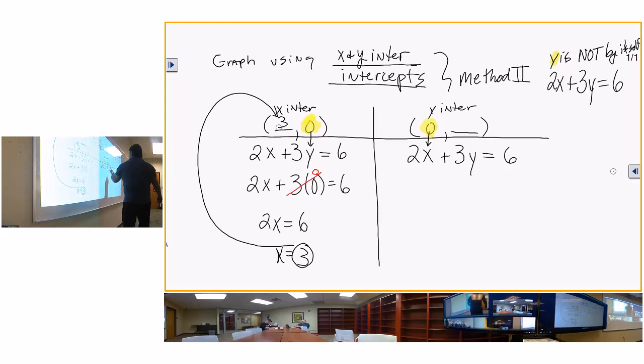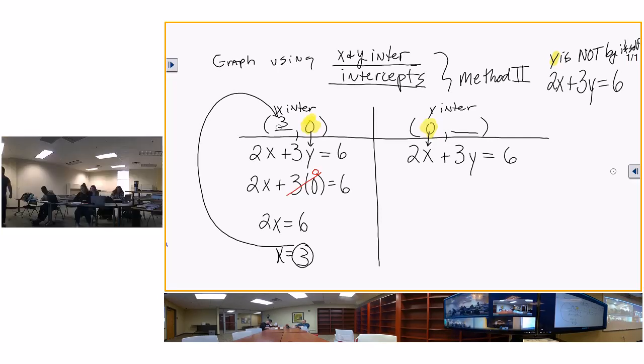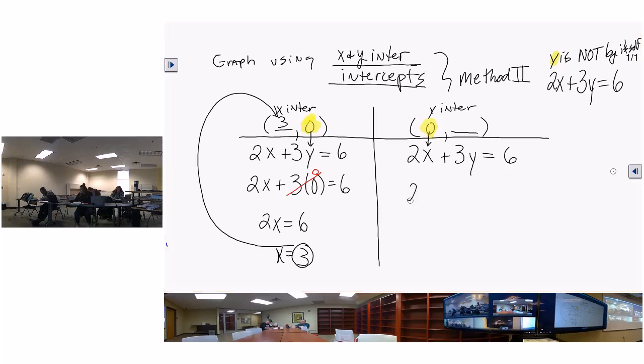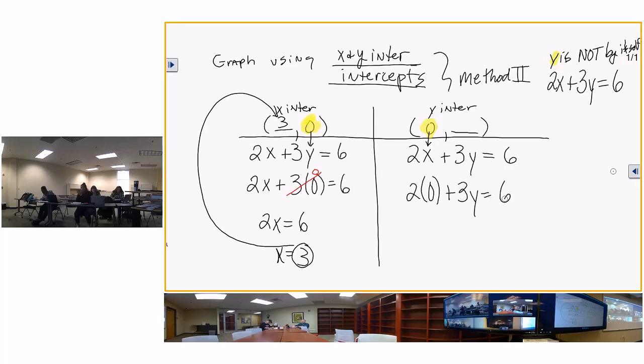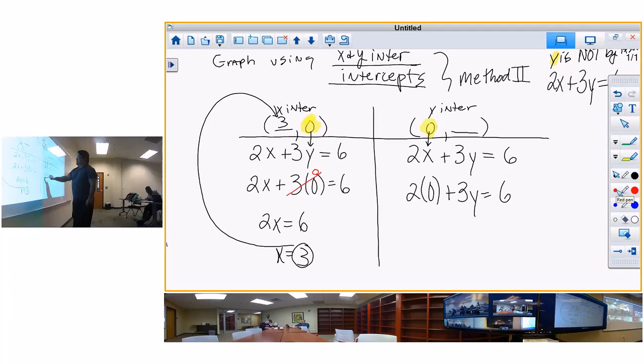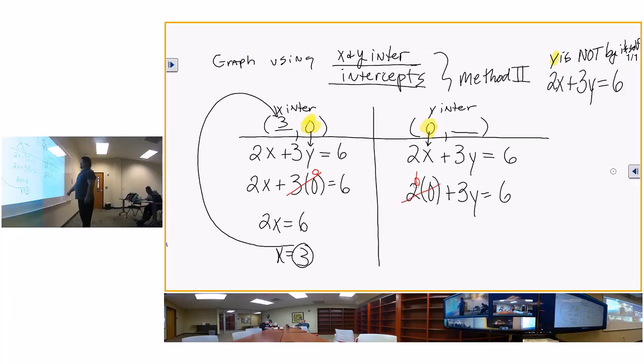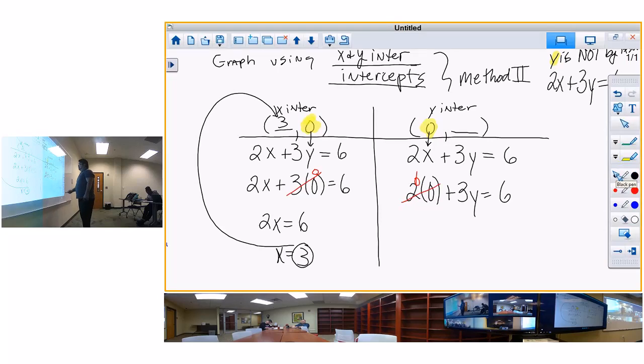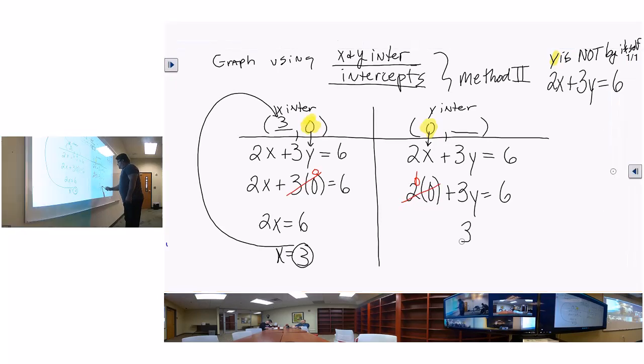All right, you do this one. And what happens to the x term? Cancel. Goes to 0, cancels. And then you're left with 3y is equal to 6.